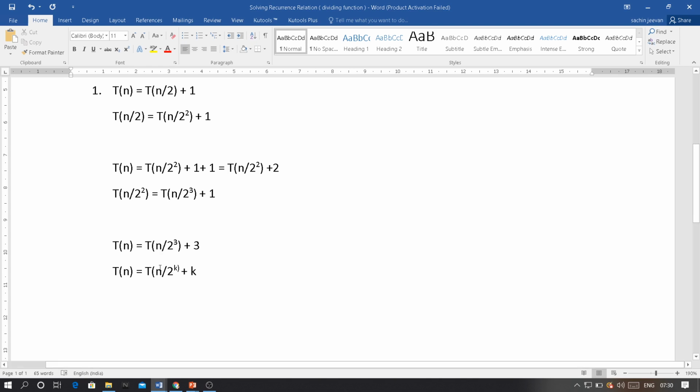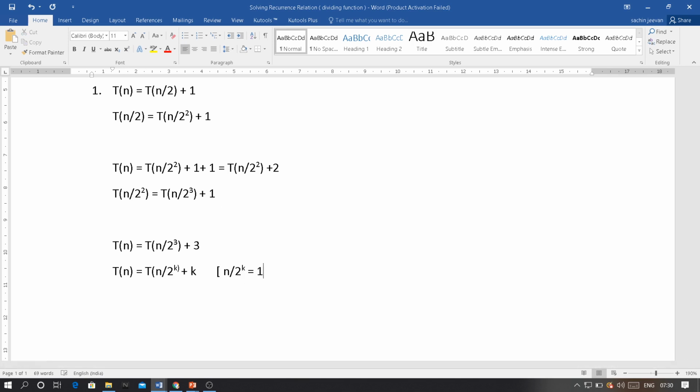So this entire term has to become 1, then only this entire flow can happen, because k times we are doing the same thing. K times means until we reach 1. So n divided by 2 power k should be equal to 1.